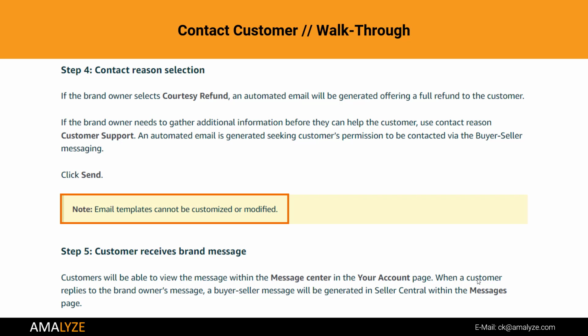So when he sends an answer, you are free to type in any text. Of course, in the templates, I will show you directly in the next situation, you will see there is no possibility to enter your own text. And step 5, customer receives brand message. Of course, that is what will happen if you have sent out the mail.